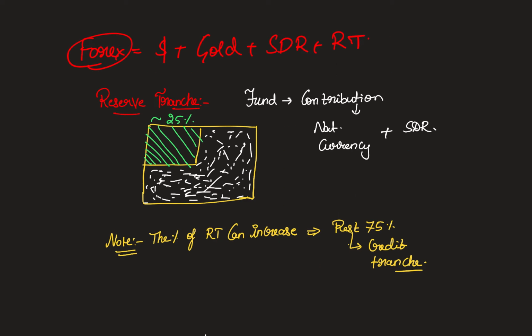Now, when we are talking about forex or foreign exchange, the components included dollar, gold, SDR. We have discussed all this. Now we have to come to the reserve tranche. So let's say, example, India is giving 100 rupees as its contribution to IMF for maintaining the global financial stability.